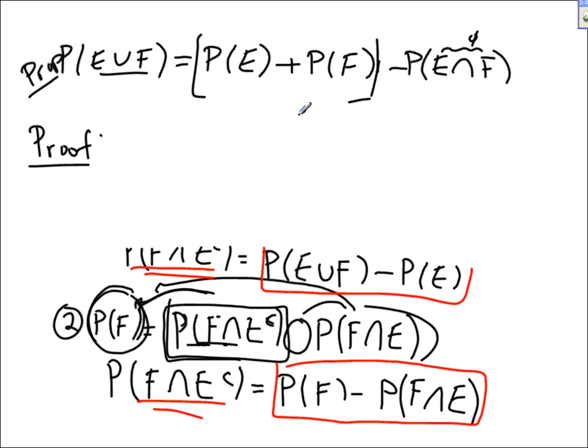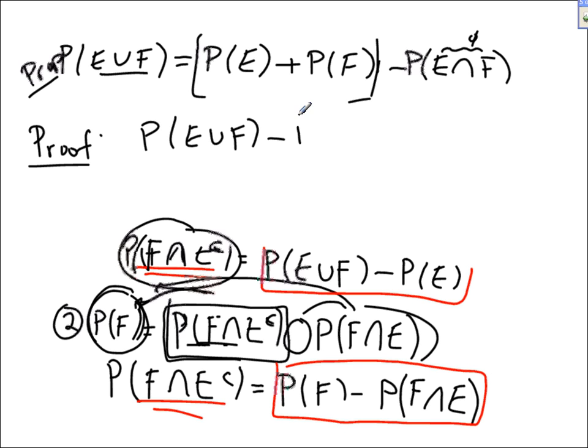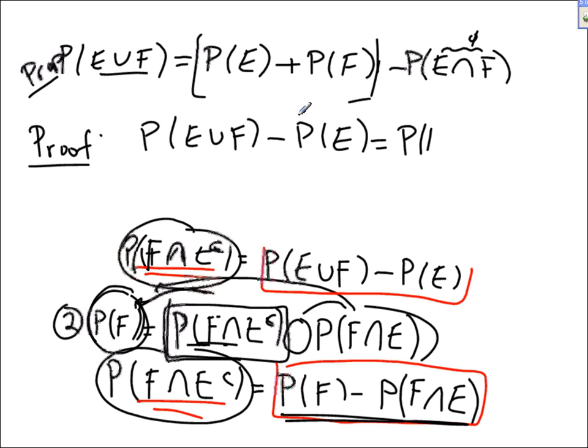Okay, so P of F intersect E complement equals P of E union F minus P of E, and P of F intersect E complement is equal to this, equals P of F minus P of F intersect E.